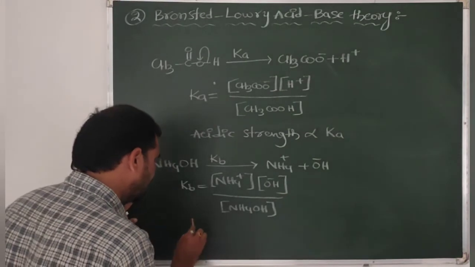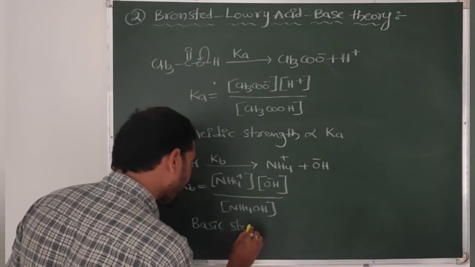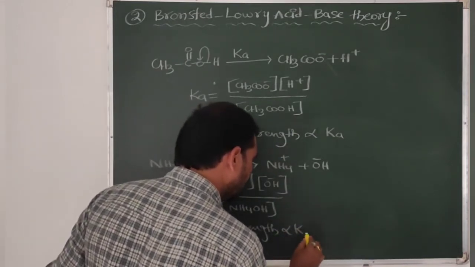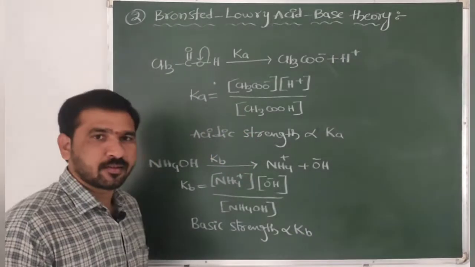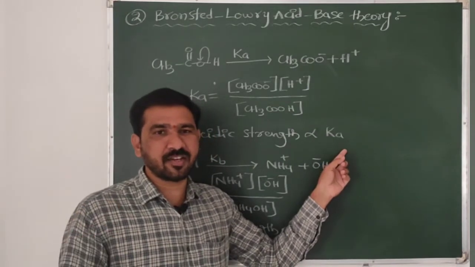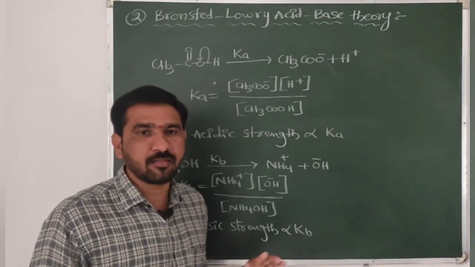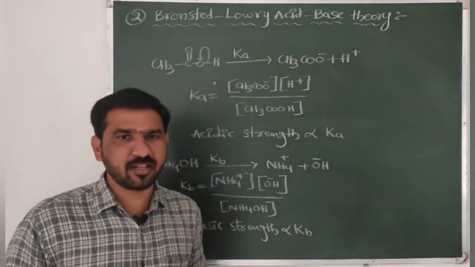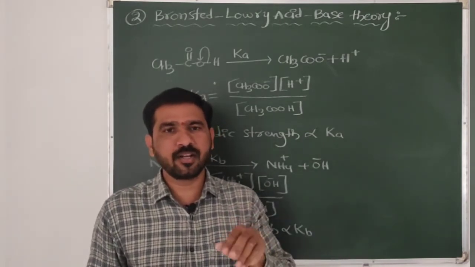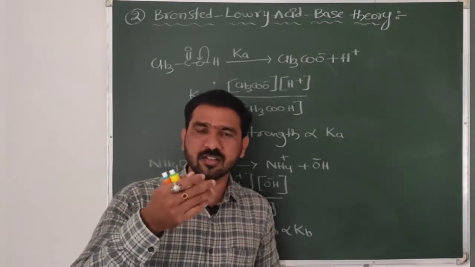Therefore, here basic strength is directly proportional to Kb, right? So based on Ka we can get the strength of acid, based on Kb we can get the strength of base. It means Bronsted-Lowry acid base theory in advance explains the strength of acid and base dependent on dissociation constant of acid Ka and dissociation constant of base Kb.